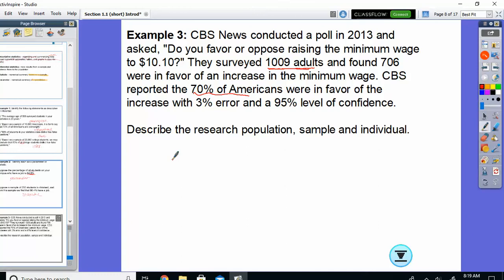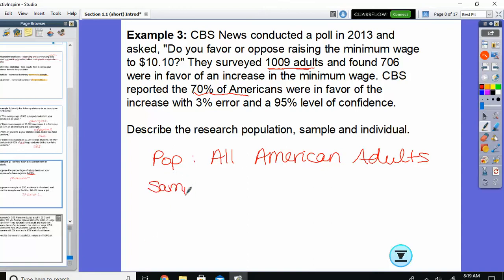So we want to find a few things. The research population. Population is who I was concerned about. So what population were they trying to look at here? All Americans. Okay, the sample.